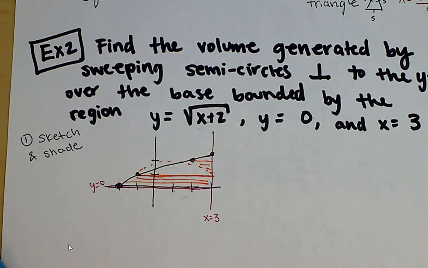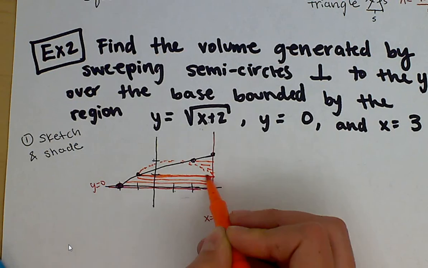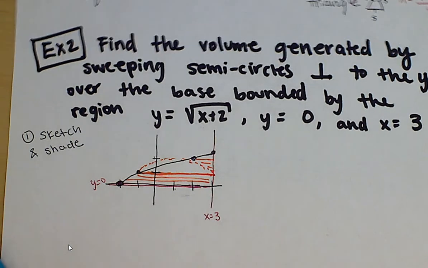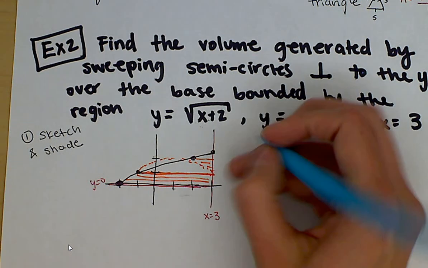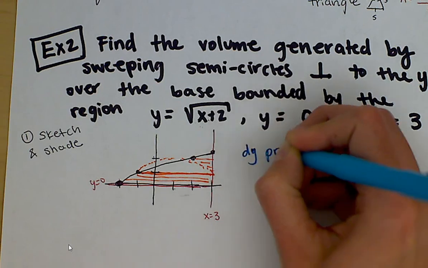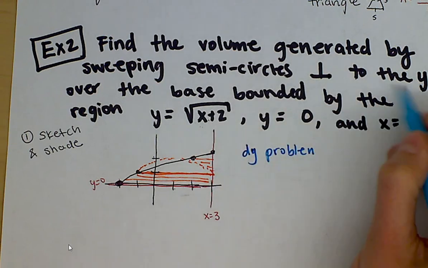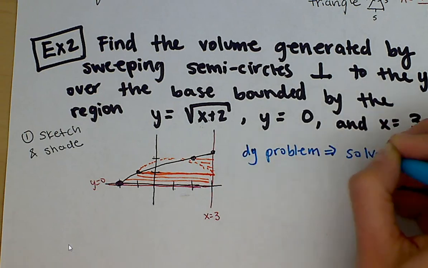And I kind of just left the outline of my original semicircle. Okay. So as I said before, because this is a dy problem, because it's perpendicular to the y-axis, then I'm going to solve for y.